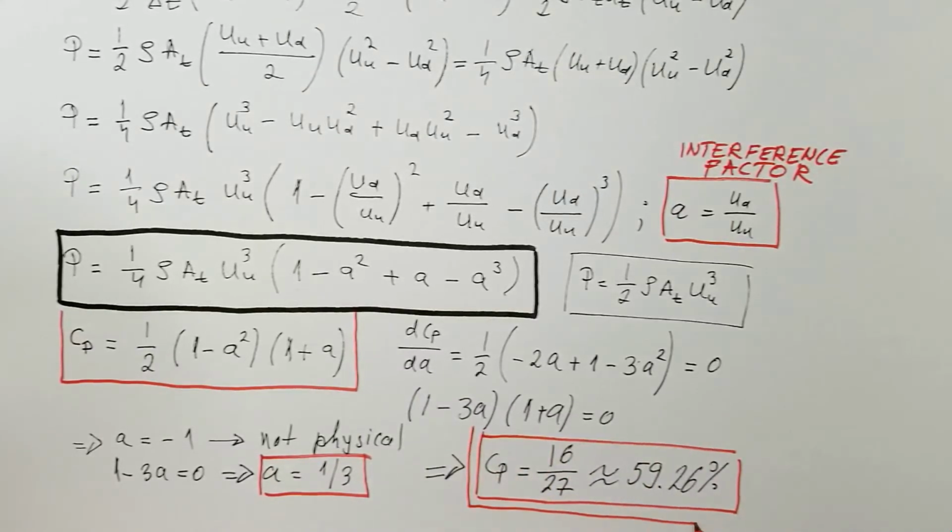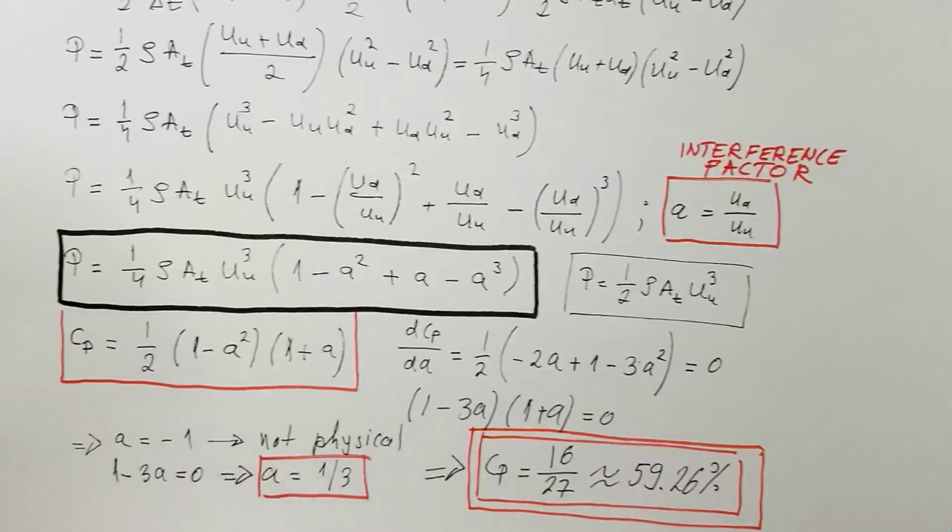Let's put it in two boxes. This tells us that the most efficient turbine can extract no more than 59.26% of the energy of a fluid, in this case air.